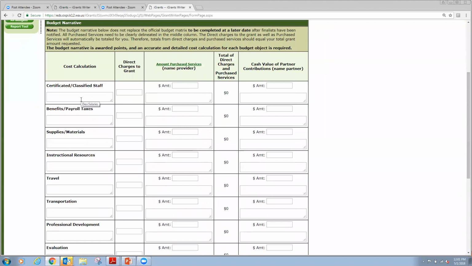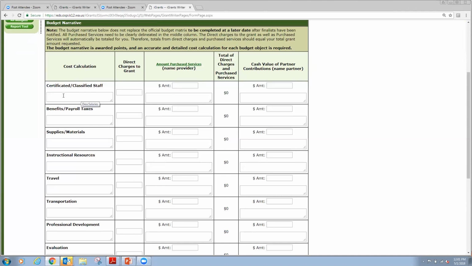And so what we would want to see is cost calculations for each category so that we know how the money is being used and spent. And you'll want to put in all your certificated and classified staff.